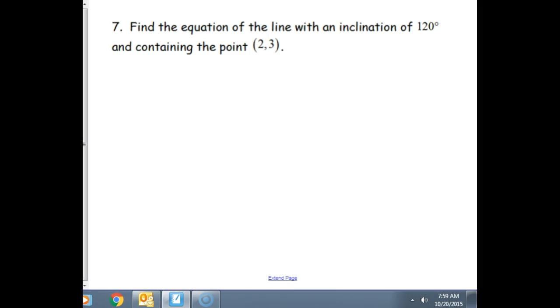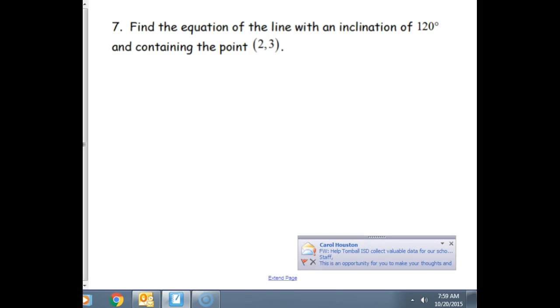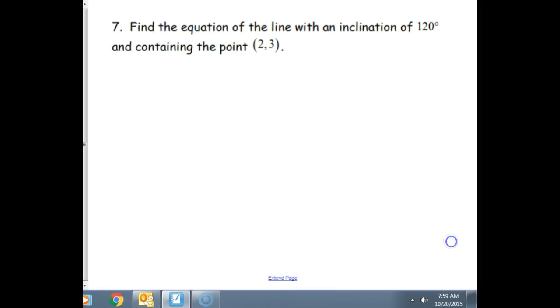Number 7, last one. Okay. Find the equation of the line with the inclination of 120 degrees and containing the point 2, 3. Well, first thing I recognize, 120 degrees.